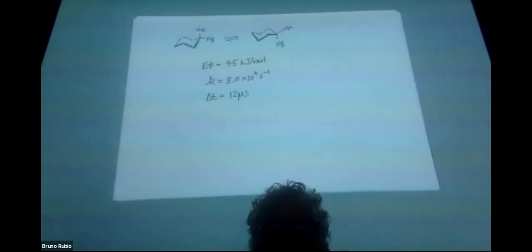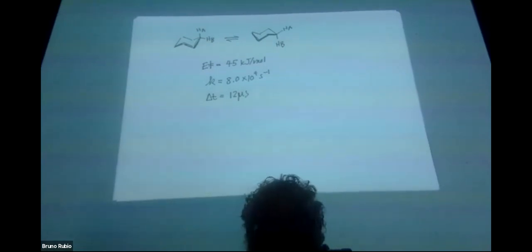Oh, that is way below the half a second that we need to be able to distinguish two protons that are very close in their chemical shift.